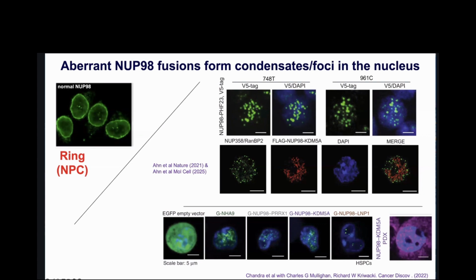It doesn't matter which fusion you're looking at, and it doesn't matter if you're looking at primary leukemic samples, you can see this puncta formation in the nucleus instead of the classic nuclear envelope staining of the wild type. So there are drastic differences between the normal NUP98 and the NUP98 fusions we see in cancer.